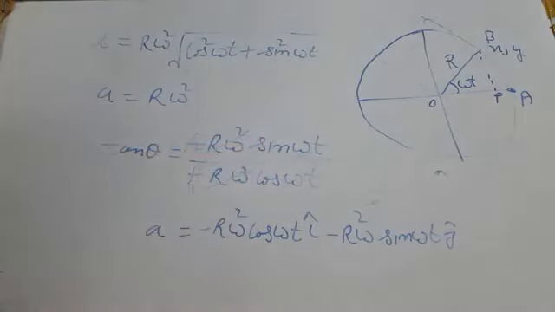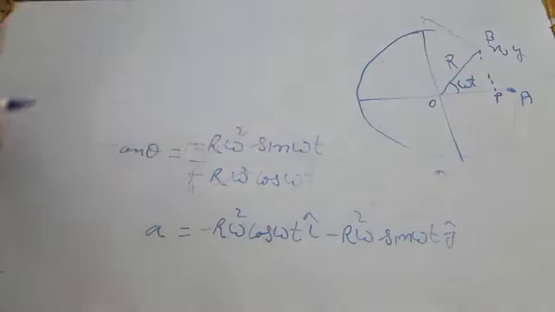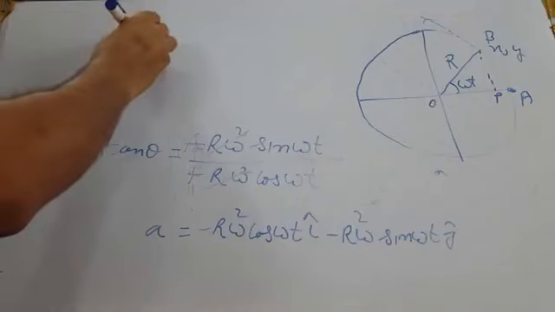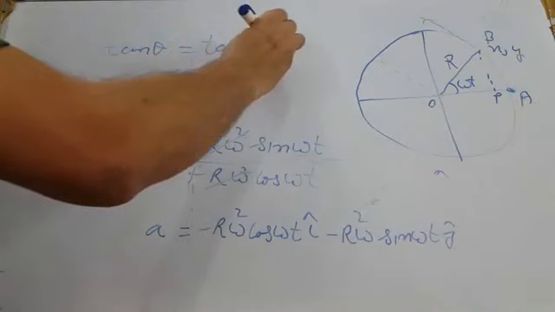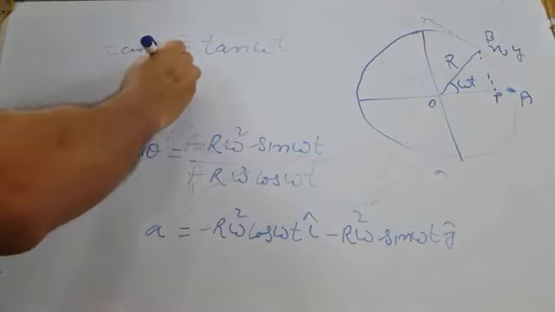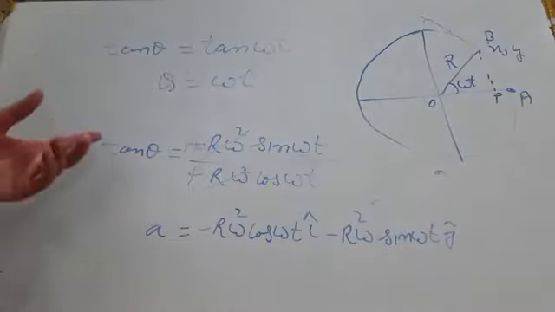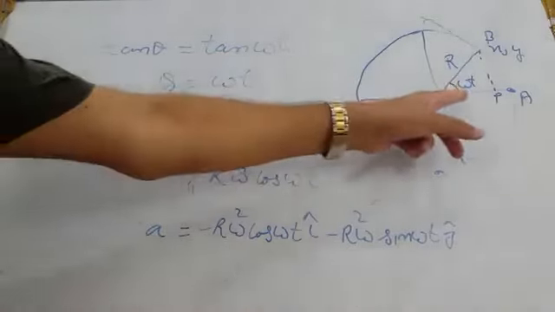Sin omega t upon cos omega t is tangent omega t. So tangent theta is equal to tangent omega t. It means theta is equal to omega t. So angle of acceleration with x-axis will be omega t. That angle was also omega t.